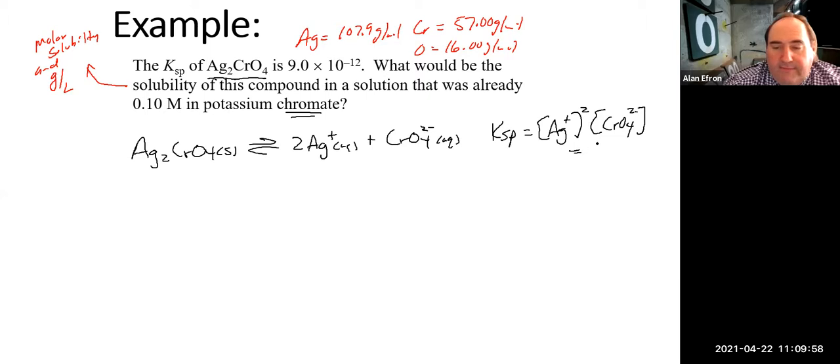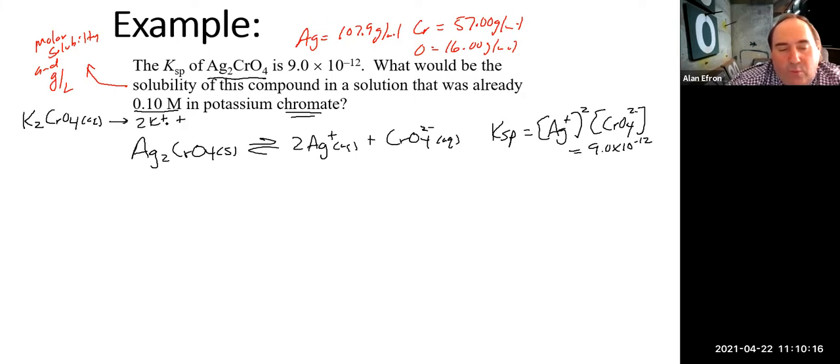And we do have a Ksp value of 9 times 10 to the minus 12. We do have 0.1 molar potassium chromate. Potassium chromate is K2CrO4. That's going to break apart into 2 potassiums and 1 chromate.